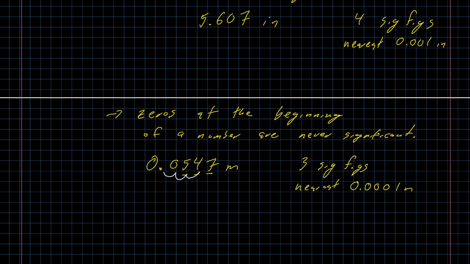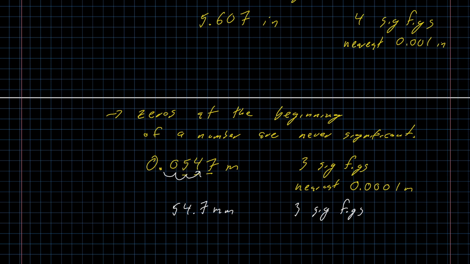Right? 1,000 has 3 zeros in it, so multiplying by 1,000 just shifts the decimal point over 3 places. We could write this as 54.7 millimeters, which still has 3 significant figures. The zeros that I claimed were not significant kind of disappeared.